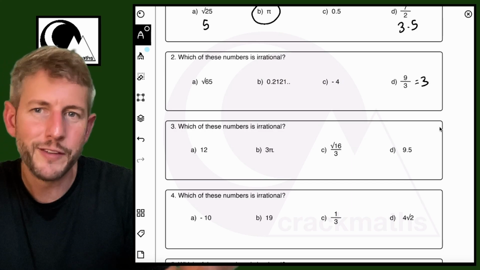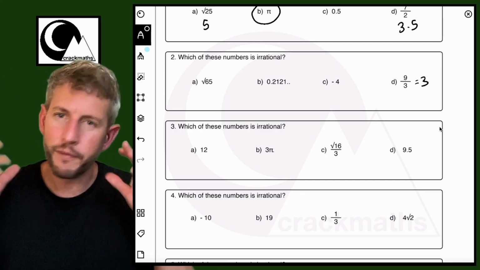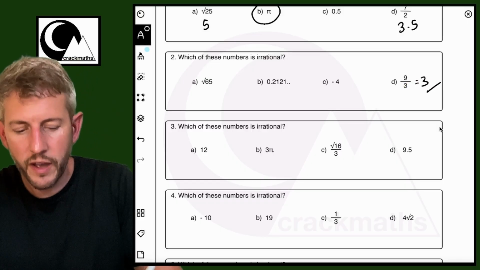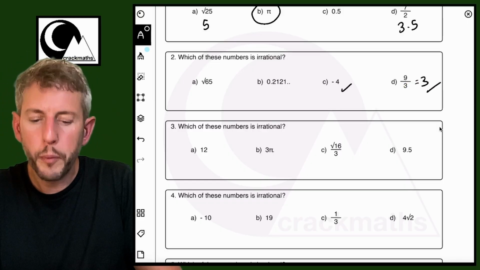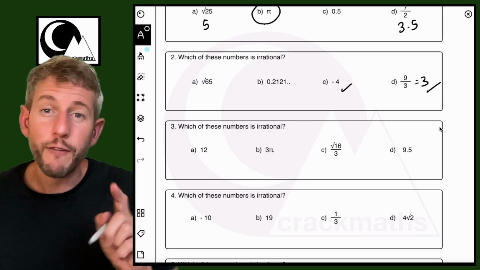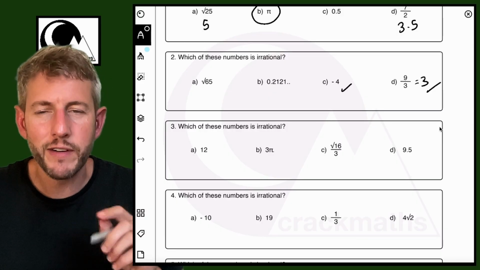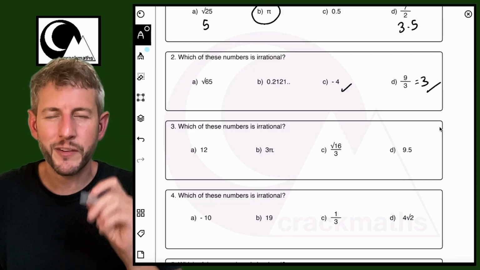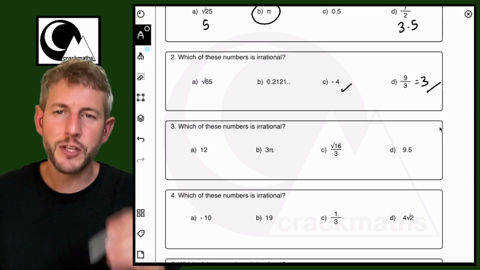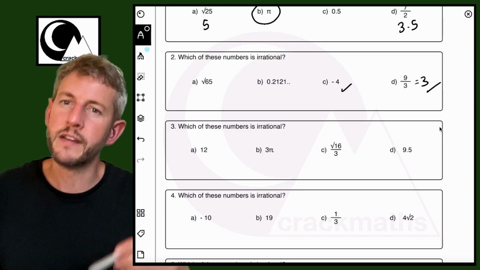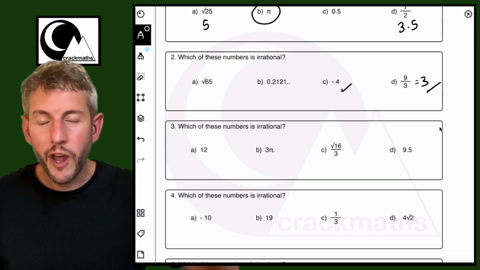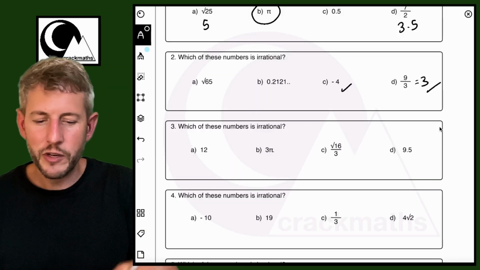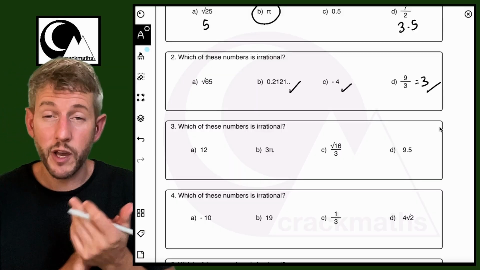Minus 4 is just minus 4, so it's finite, that's fine. 0.2121 is a recurring decimal, so it does go on and on, but it's rational because we can predict what's going to come. After the 2 becomes a 1, after the 1 is a 2, after the 2 is a 1. We know what's going on with this, so it's a rational number. Recurring decimals are not a problem.